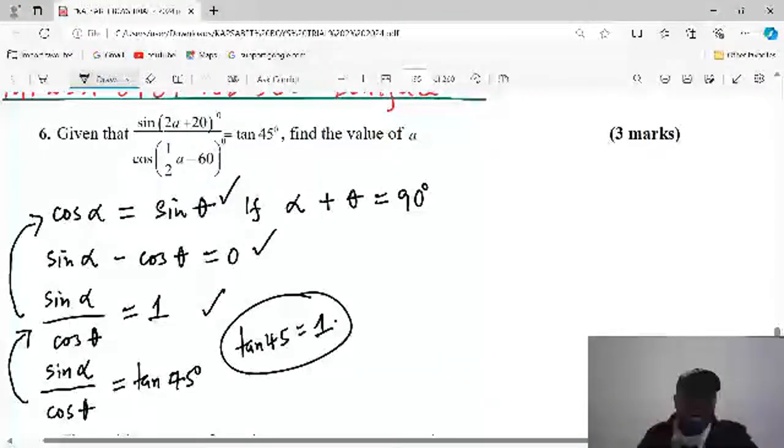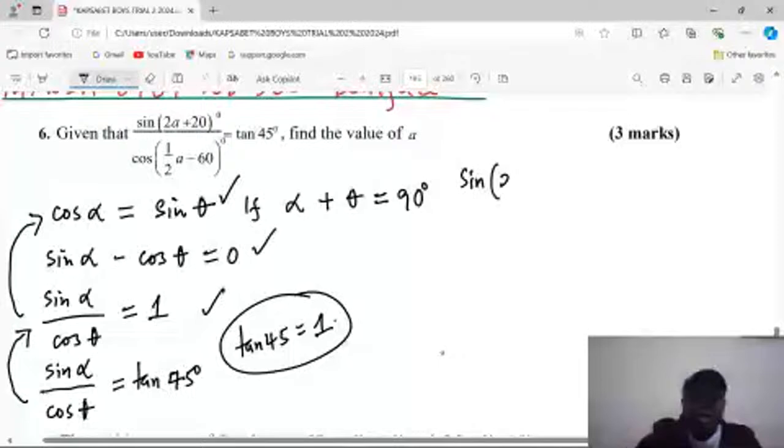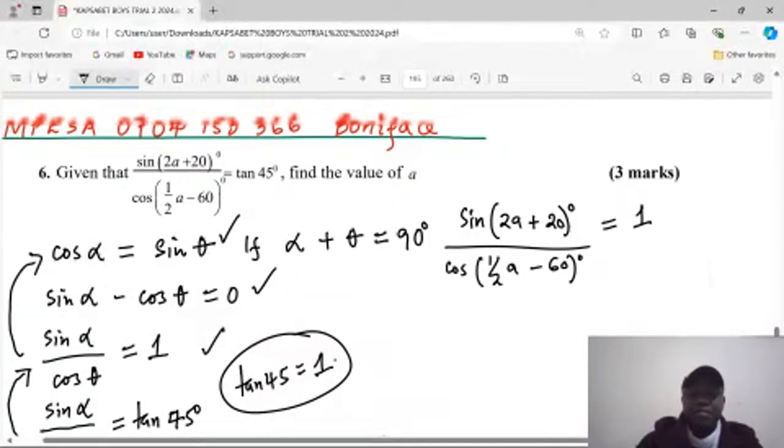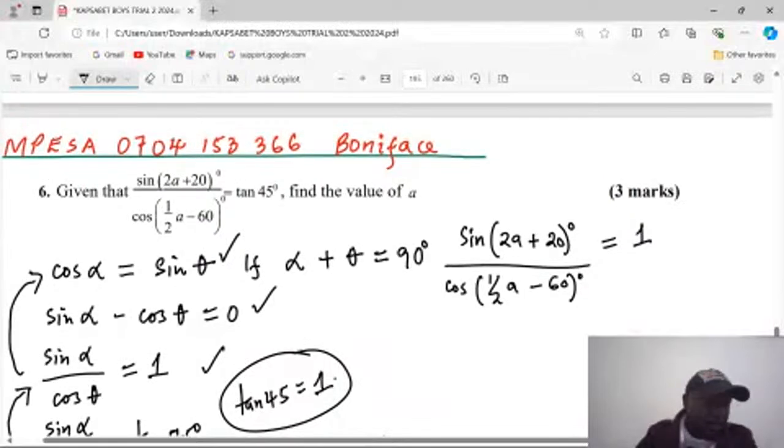Tan 45 is 1, then it means we can now go to the question specifically. Sine of 2a plus 20 degrees divided by the cosine of half a minus 60 degrees is equivalent to, instead of tan 45, we just write 1.